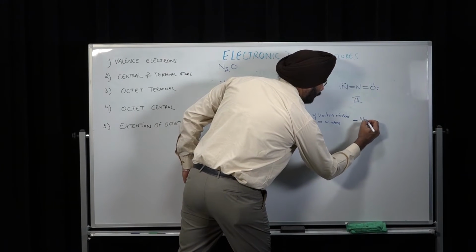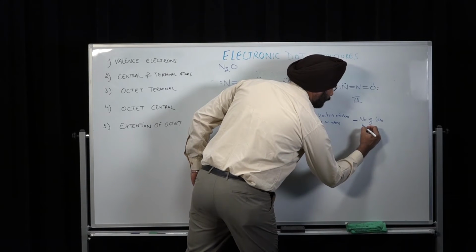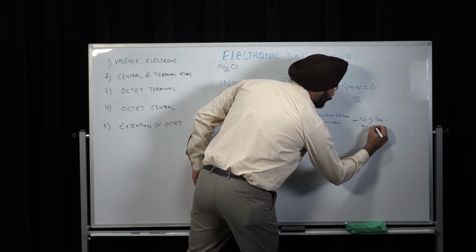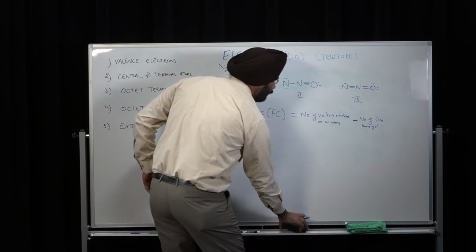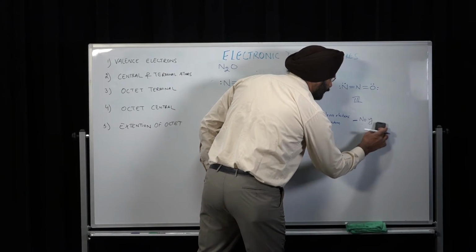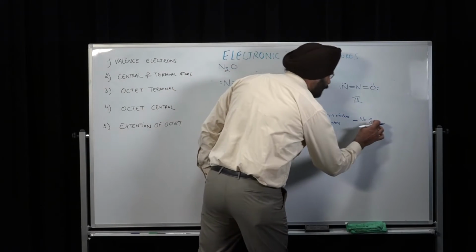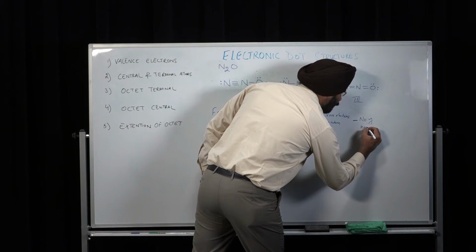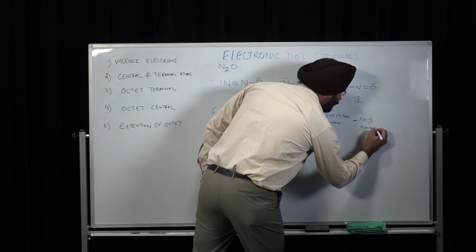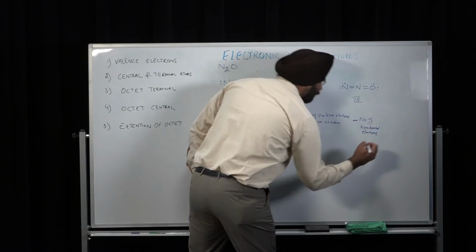the number of non-bonded electrons. I won't say lone pair, I'll say non-bonded electrons, just to avoid confusion, although it's right. The number of non-bonded electrons, not pair, non-bonded electrons, right?